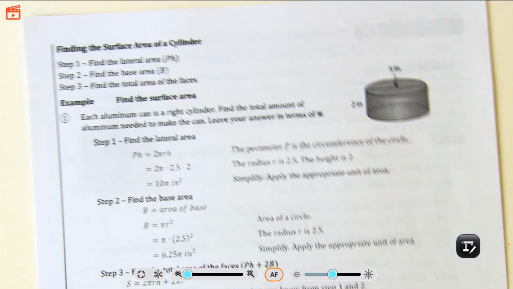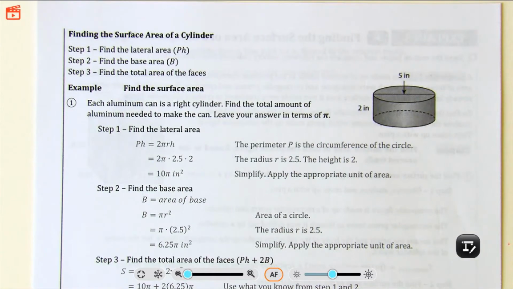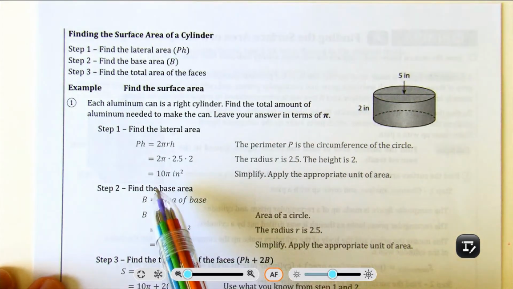In our first example, we are going to find the surface area of a cylinder in 3 steps. The first being finding the lateral area. Next, finding the area of the base. And then finding the total area of all faces of the cylinder. So to find the lateral area, we are using 2 pi r(h).